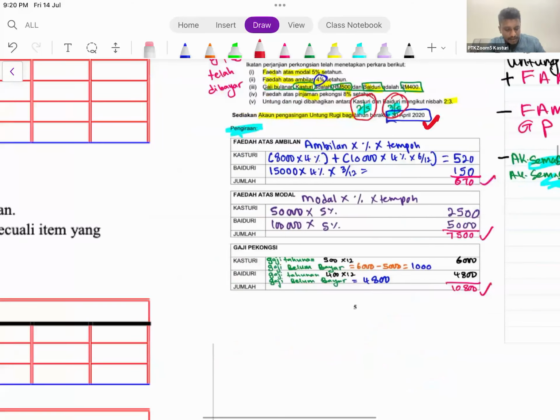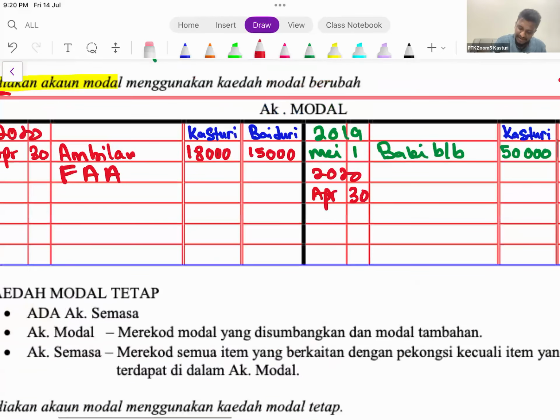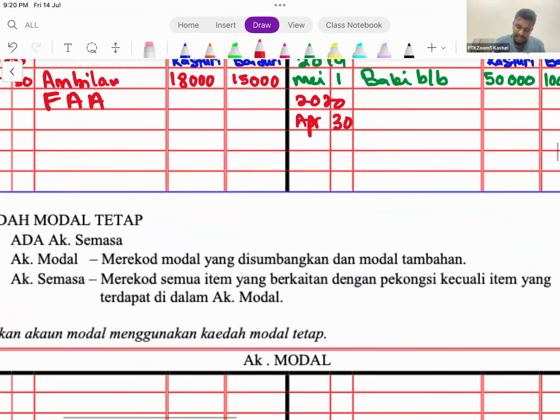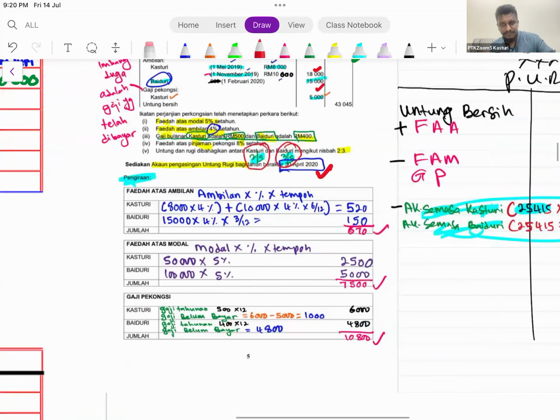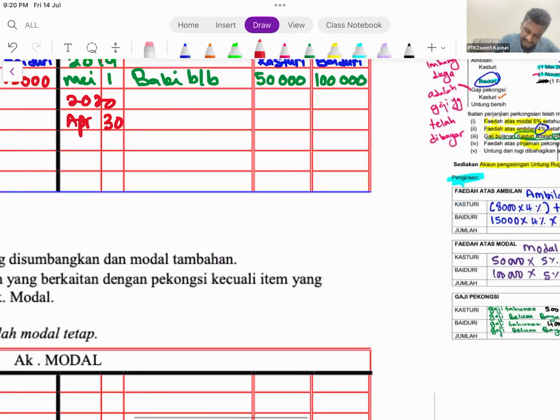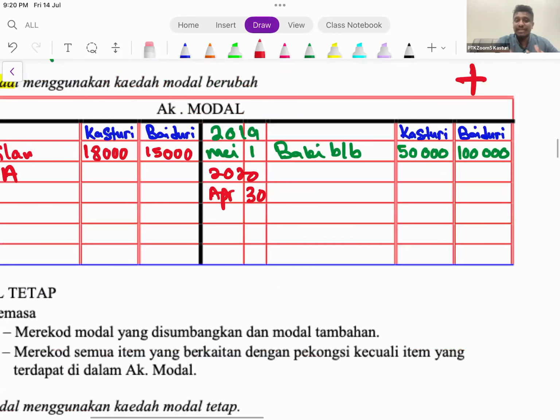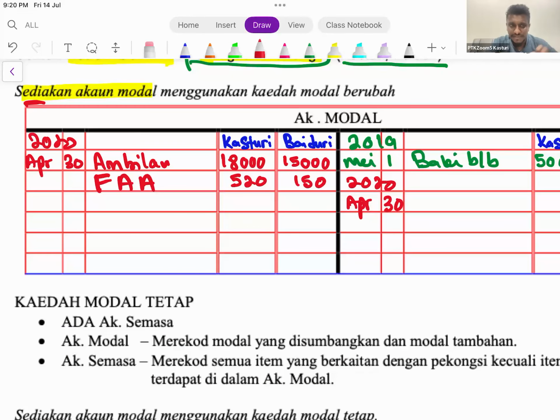Okay. So now, faedah atas ambilan, from where I get a faedah atas ambilan? 520 for Kasturi, 150 for Baiduri. Okay, now we learn the concept. But in exam, you must write the full, no short form in exam. Understand?